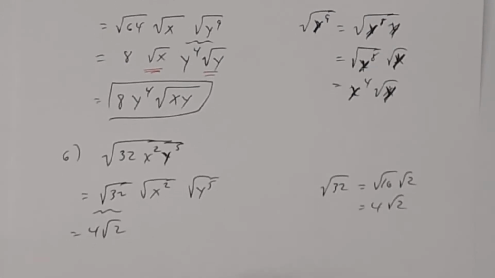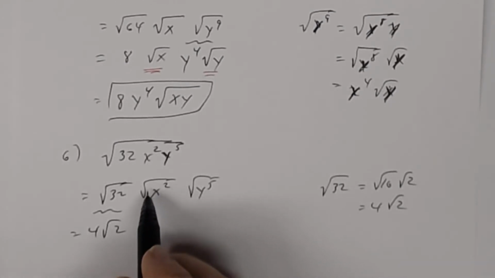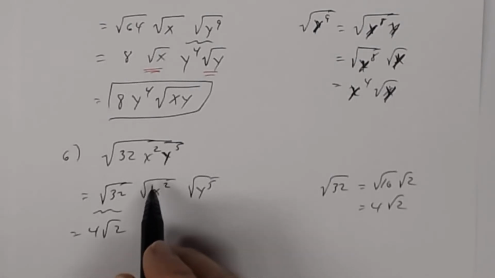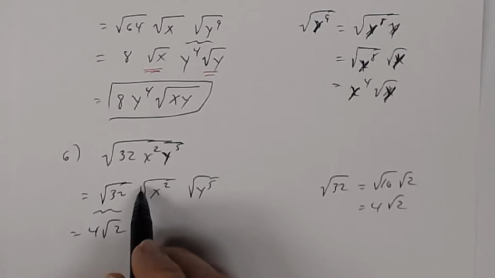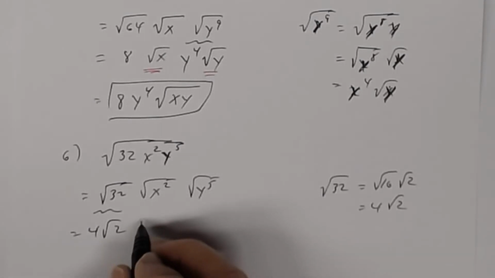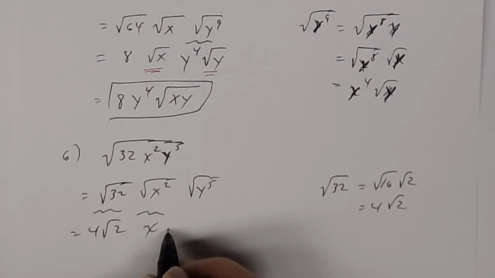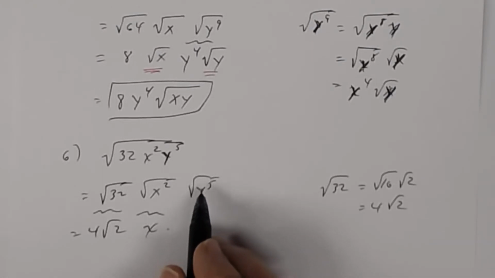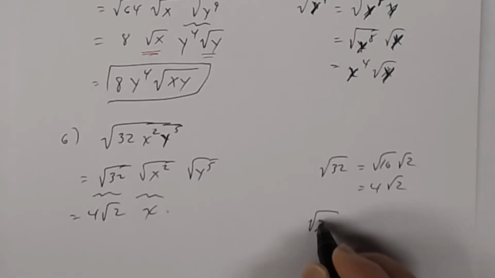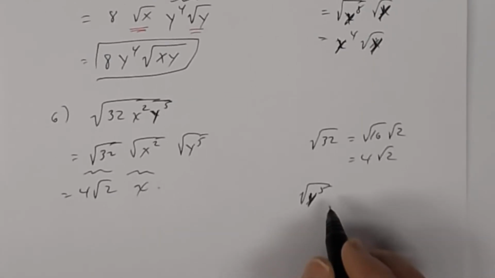So this part is 4 square root of 2. Okay? Now, can I simplify the square root of x squared? Yes, because 2 is greater than or equal to the index 2. It's equal to. So 2 divided by 2 is 1. So that's just x. Times. Can I simplify the square root of y to the 5th? Yes, because the exponent is greater than or equal to the index. So remember how to do this.